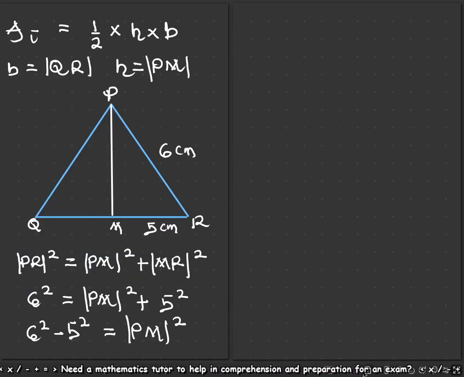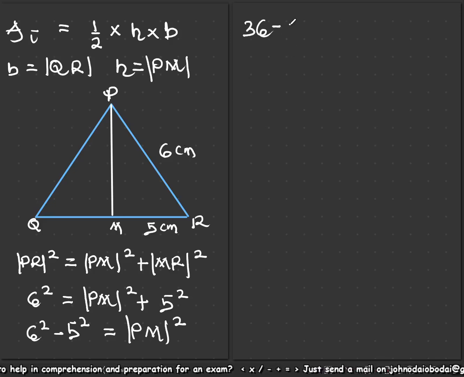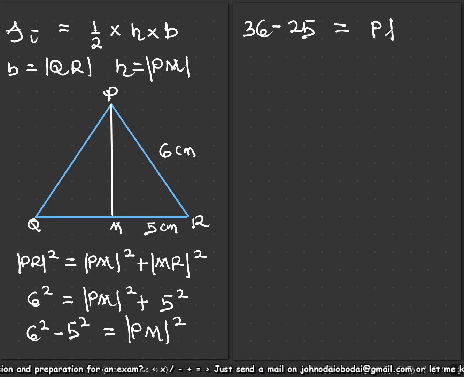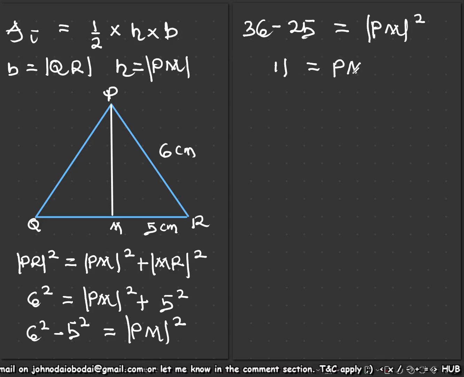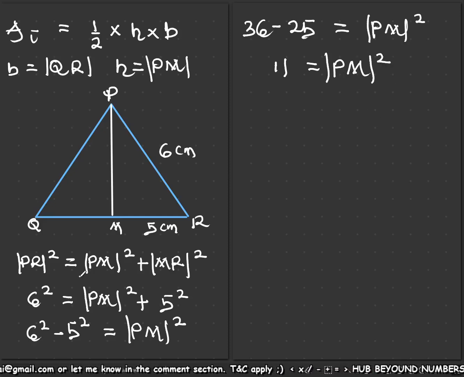So with that said, we have 6 squared, which gives us 36, minus 5 squared, which is 25, and that is equal to PM squared. 36 minus 25 then gives us 11. So PM squared is 11. Now, how do we take off the squared?